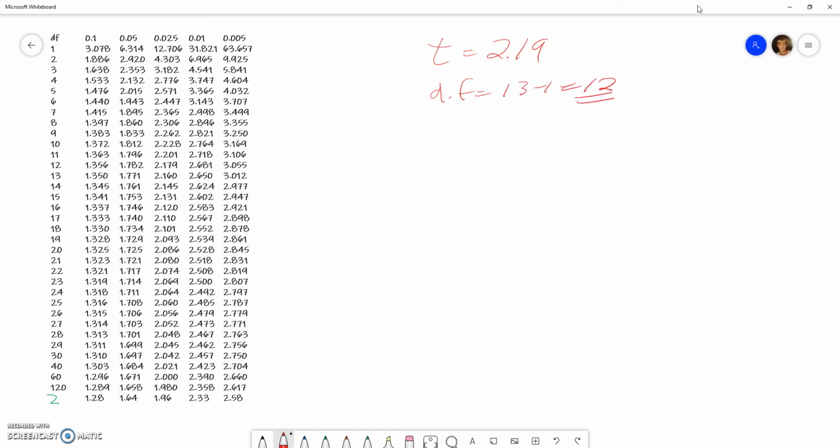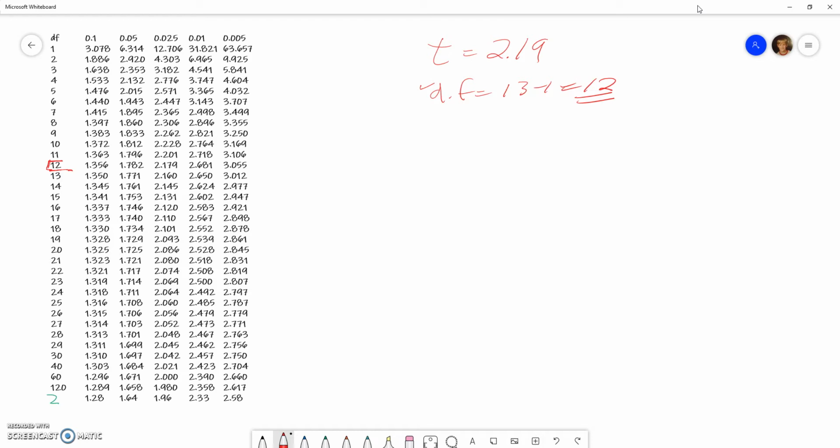This is the starting point, the degrees of freedom, because the t-distribution table looks very different than the normal distribution table. So basically we start at row 12. We start right here. This is where we're going to find our p-value.